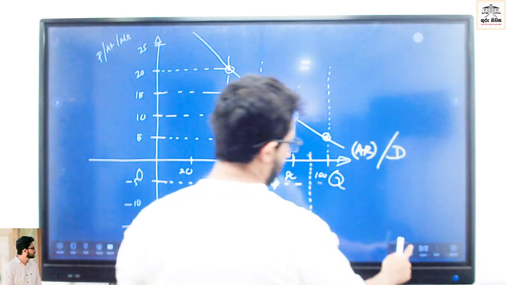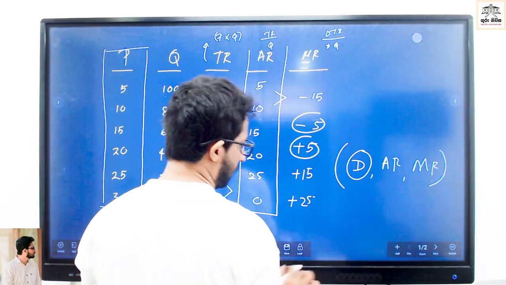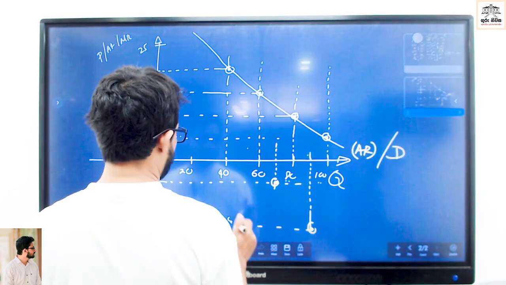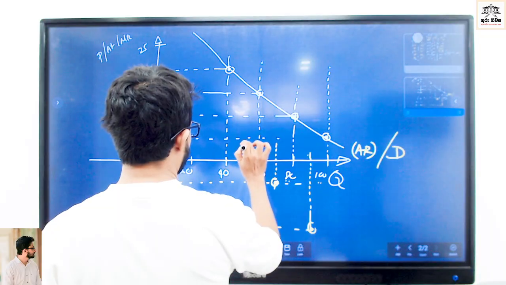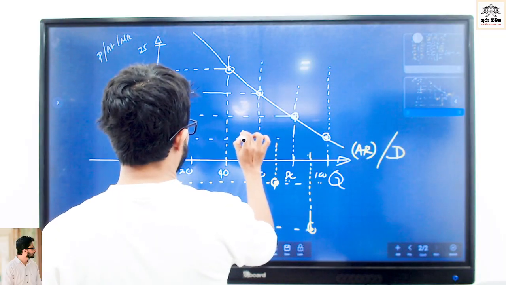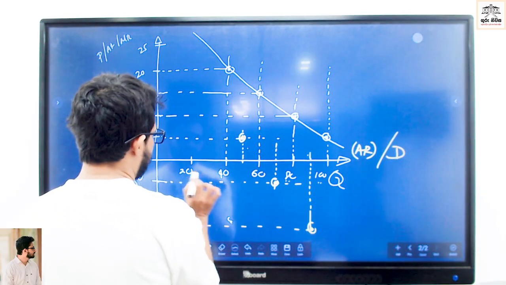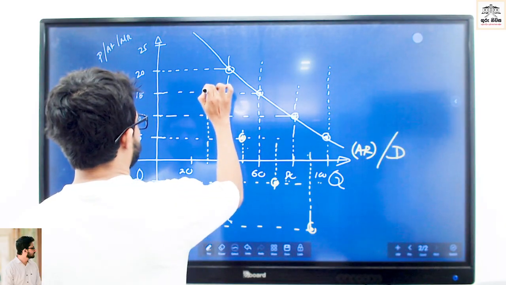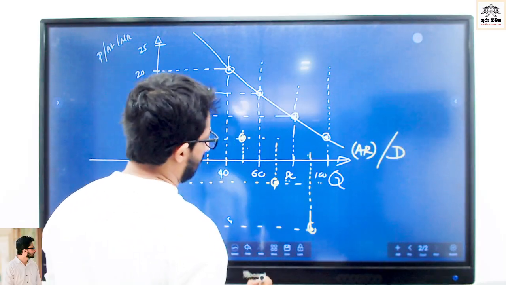Next one, plus 5 in between 60 and 40. In between 60 and 40, marginal revenue is plus 5 here. Then between 20 and 40, marginal revenue should be plus 15.